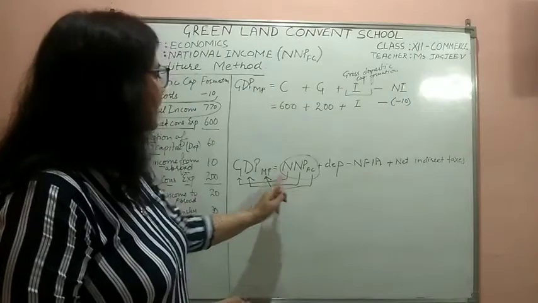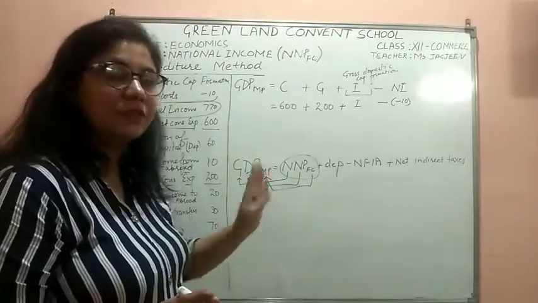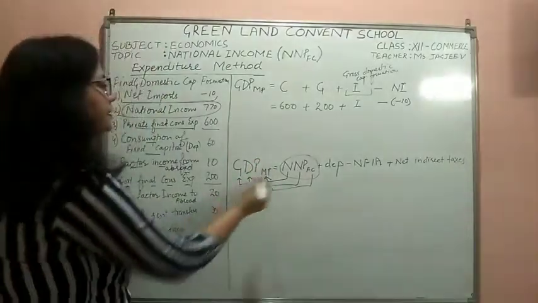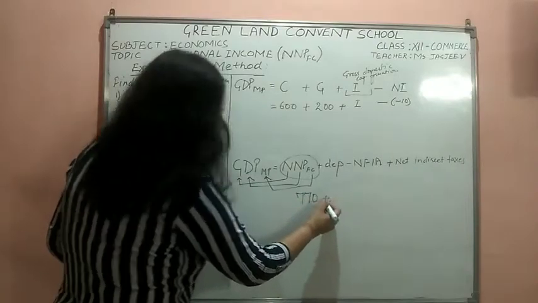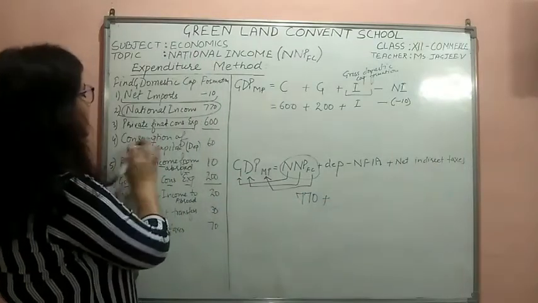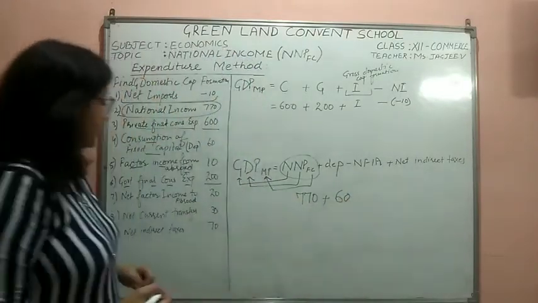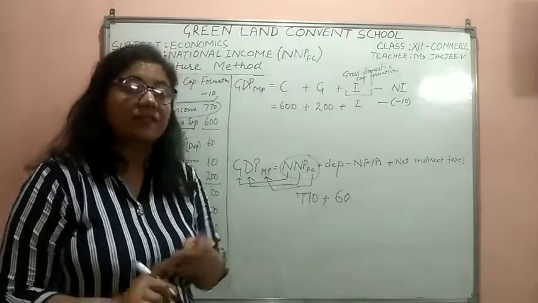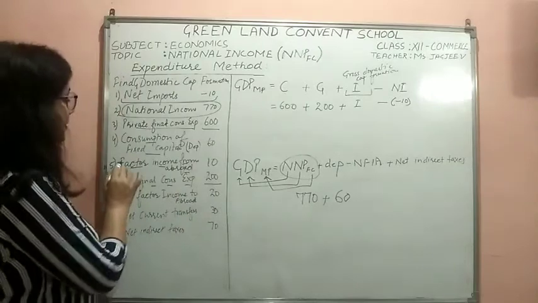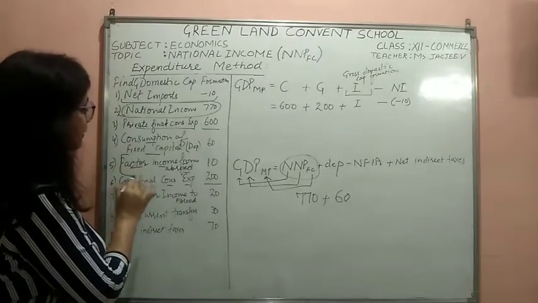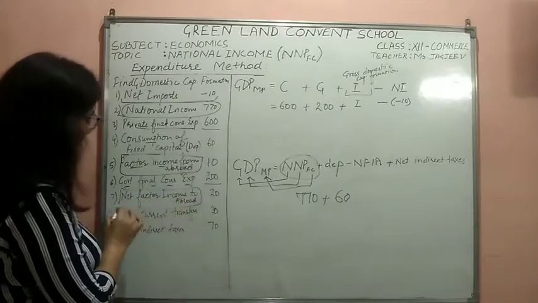Now, net to gross. It means in net we do not have depreciation, so we add the depreciation here, and national income is 770. Depreciation, I have already told you, consumption of fixed capital, 60. NFIA. Now students, here again the question has a trick for you. It is factor income from abroad and it is net factor income to abroad.